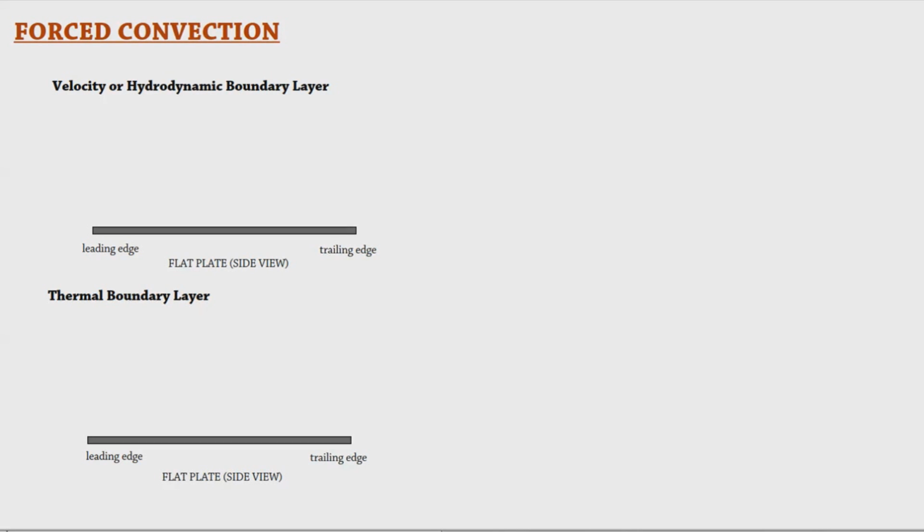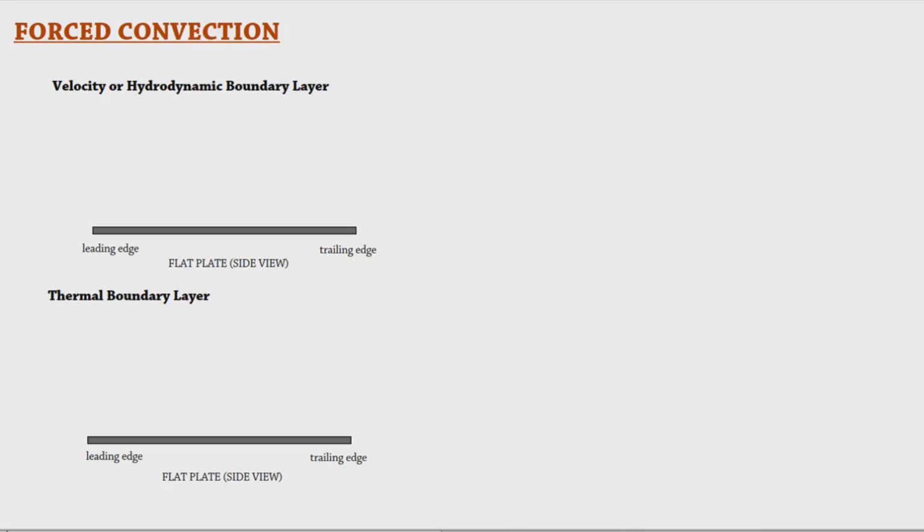On the other hand, if the convection appears in a way that the fluid or material is just exposed to a certain environment, that's typically what we call free convection.